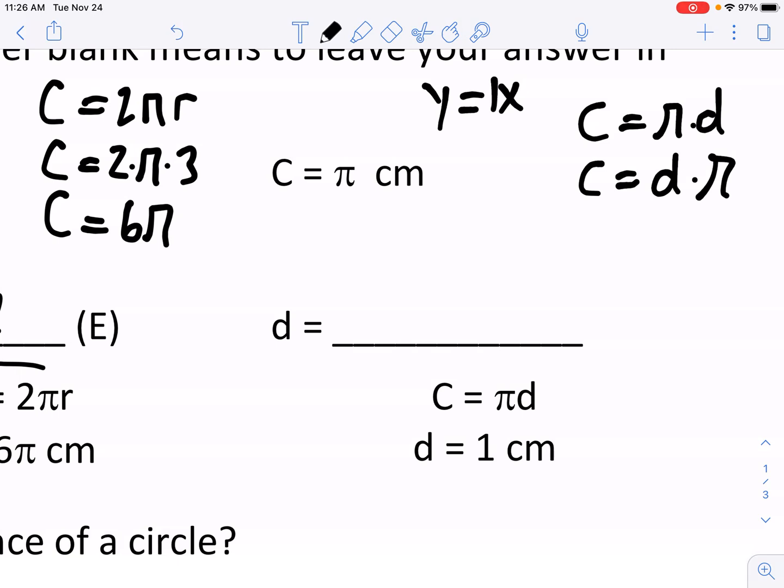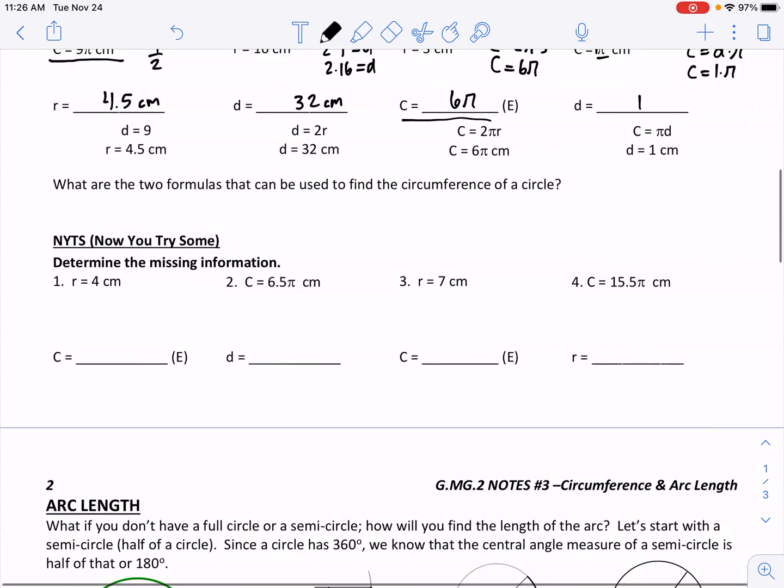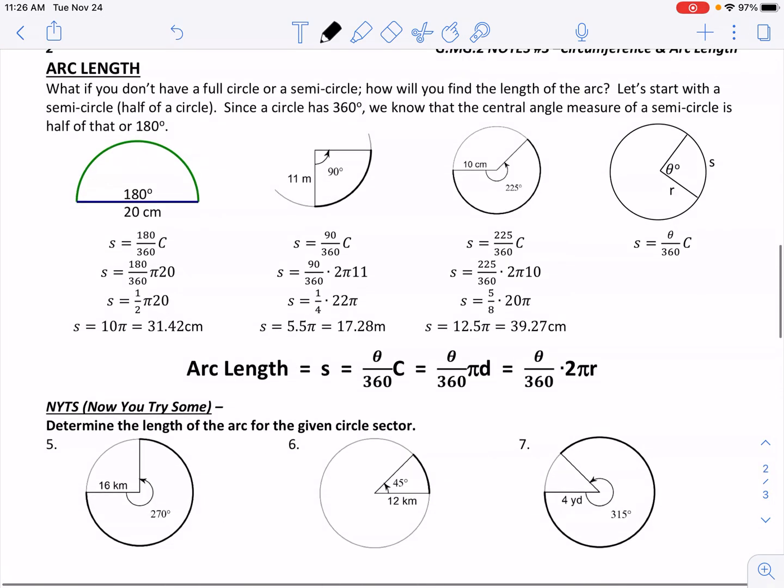That's the same thing here. If we don't see it, it's really 1 times pi, because 1 times pi is pi. So our diameter would be 1. Even though we don't see it, there's a 1 in front here. It's 1 times pi, so the diameter is, excuse me, the diameter is 1. Now, with all that knowledge in mind, what we also want to find is arc length.